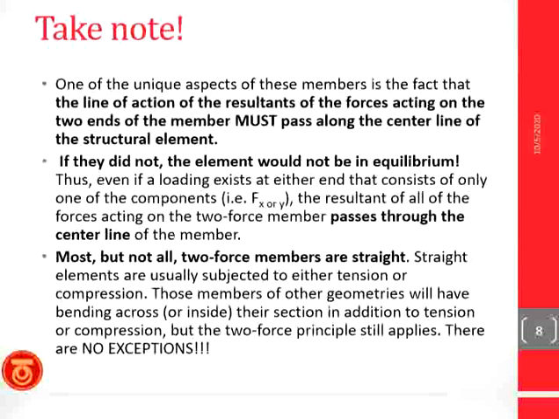That is one of the unique aspects of these members, that the line of action of the resultant of the forces acting on the two ends of the member must pass along the center line of the structural element. Yes, this is what I mentioned before, that it must pass along the center line. And if it does not, the element will not be in equilibrium.